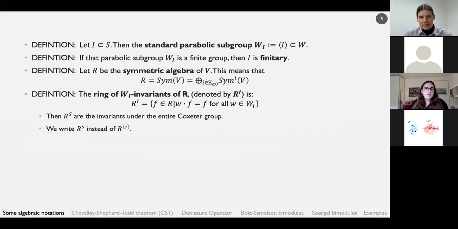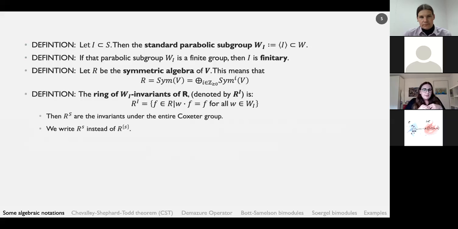We can write that R^I is the set of all f in R such that w times f is equal to f for all w in W_I, and R^S, which we often also write as R^W, are the invariants under the entire Coxeter group.